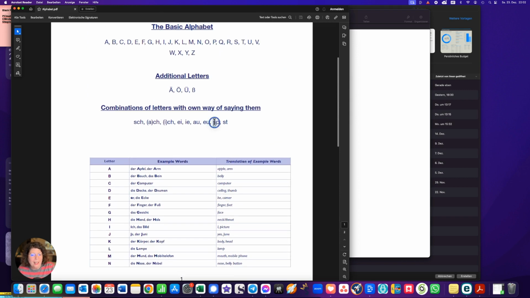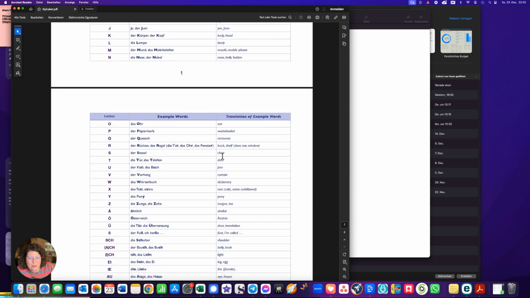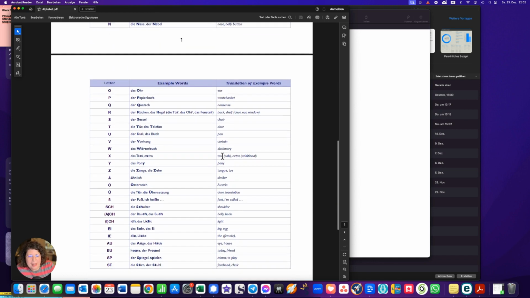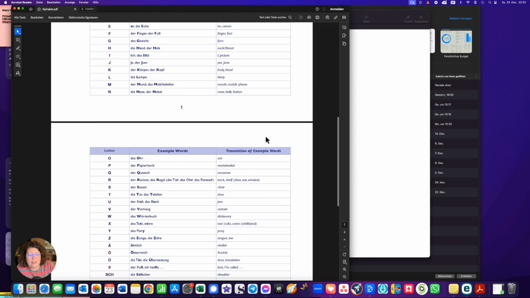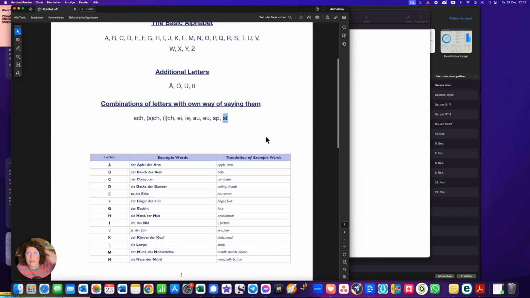And then the letters S and P at the beginning of a word are pronounced like sp, just at the beginning of a word, really. For example, spielen, that's to play. And similarly, S and T together is pronounced st, like Stern, that's a star. Der Stern is a star, like in the sky.